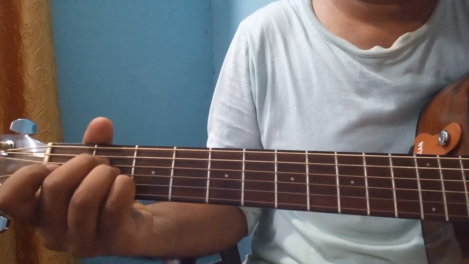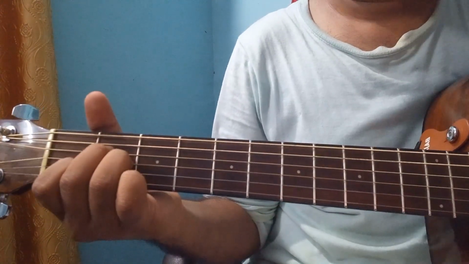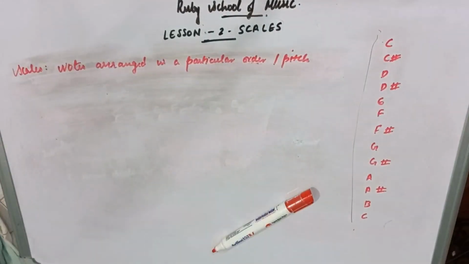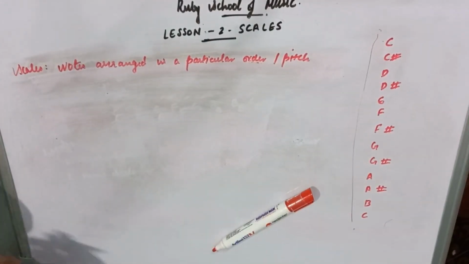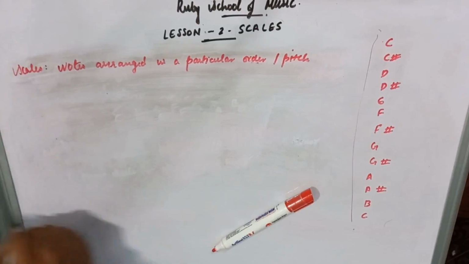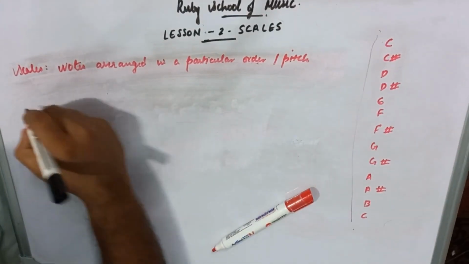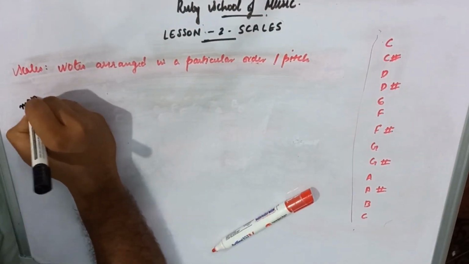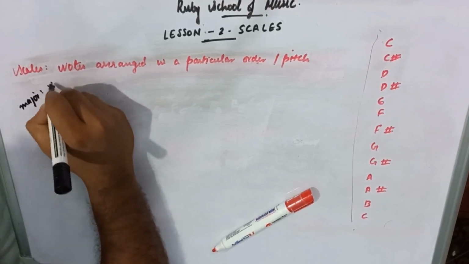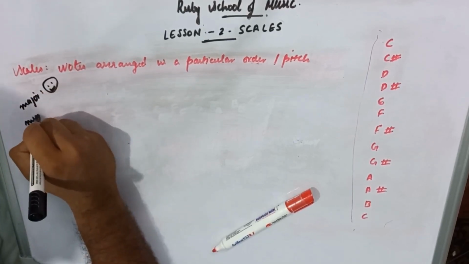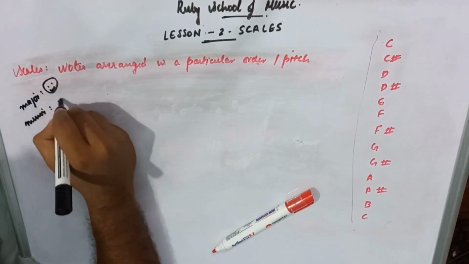This is a happy chord and this is a sad chord. So as you saw in the practical lesson, that is the difference. A major is always a happy note and a minor is always a sad note.